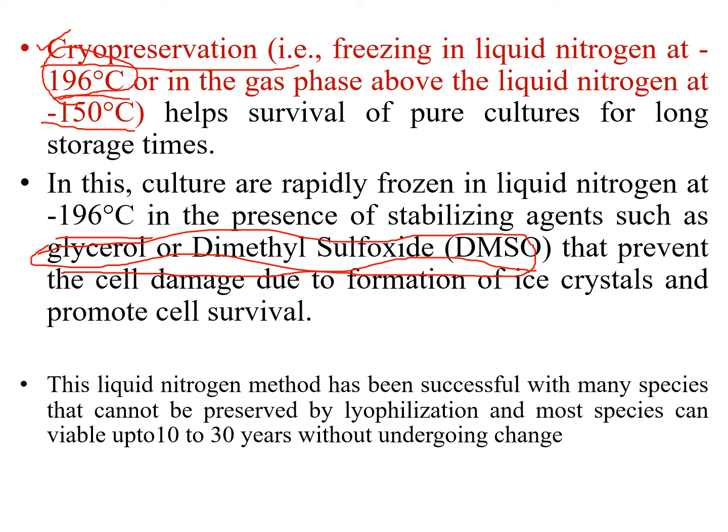The liquid nitrogen method has been successful with many species that cannot be preserved by lyophilization, and most species can remain viable up to 10 to 30 years without undergoing change. So this is again an improvement over previous methods, that the species can remain viable up to 10 to 30 years without any genetic changes or without any mutation in cryo.